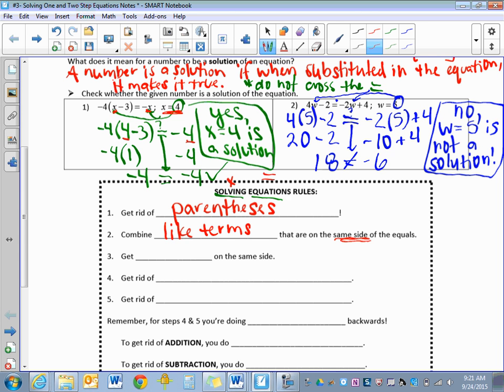We can't cross the equals until we do the opposite operations. We'll talk about that in a minute. Alright, so next we get variables on the same side. So this is when we are starting to cross that equal sign.